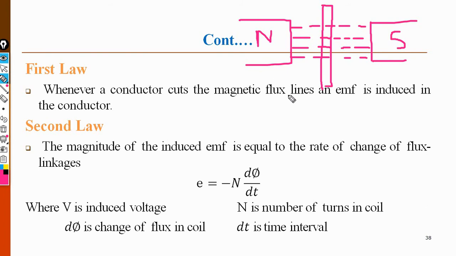That means attraction takes place between the north pole and south pole, and the conductor is placed there. At that instant, the magnetic flux passes through the conductor. That means this current carrying conductor is placed in a magnetic field, and then EMF gets induced in the conductor.